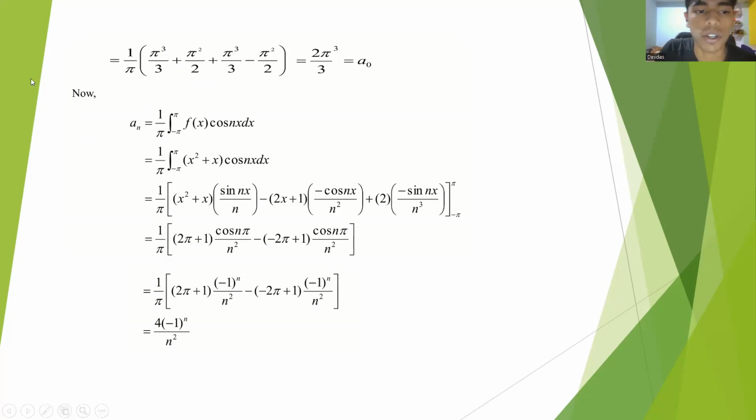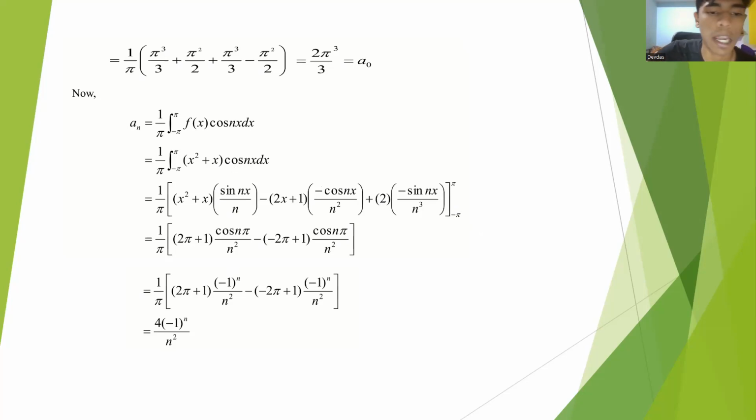By using Bernoulli's theorem, this is the integrated form of x squared plus x into cos nx. By replacing the x term with the limits, minus pi to pi, we get an equal to 4 into minus 1 to the power n by n square. Here minus 1 to the power n represents cos n pi.